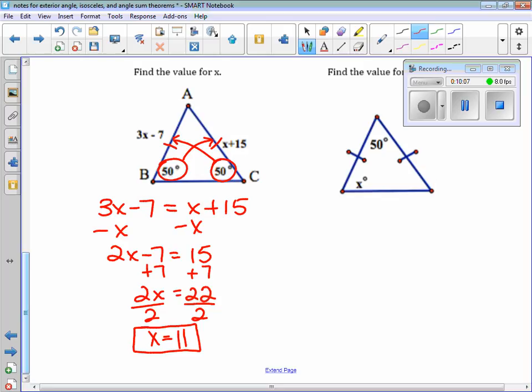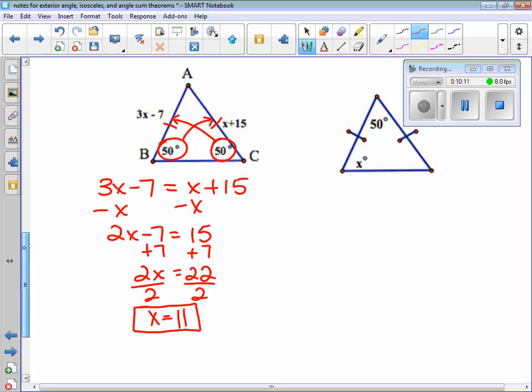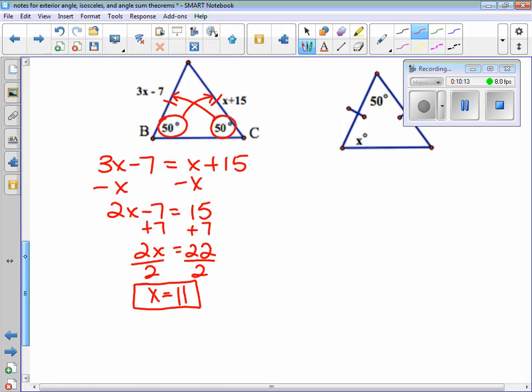So if we go ahead and substitute for both sides, we'll see that they're equal. So we have 3x minus 7 for one side. Well, we found x is 11, so we substitute it. We've got 33 minus 7, which is 26.